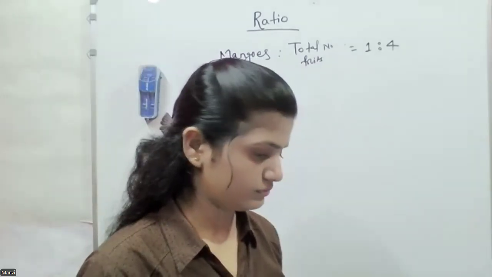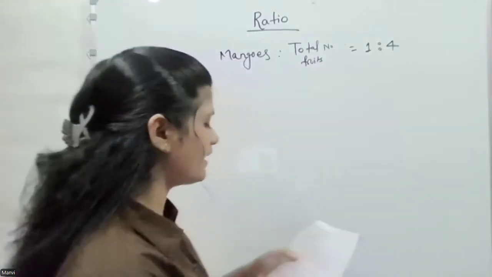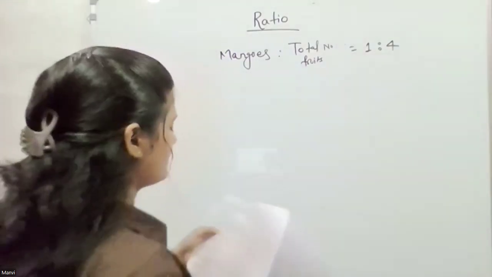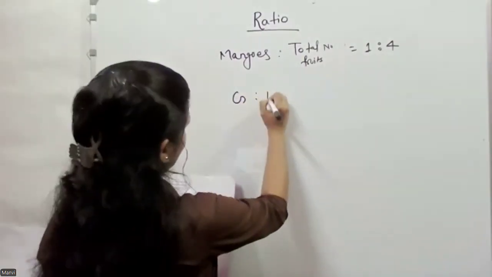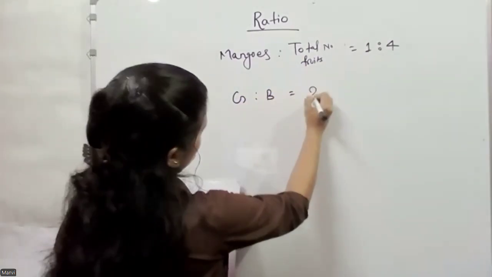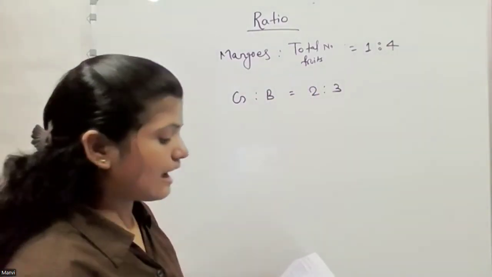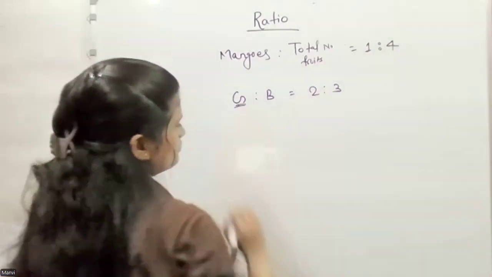How do you do this? So what it says, there are green balls as well as blue balls, right? And the ratio of green to blue is 2:3, right? Yeah. And they ask the percentage of green. So how do we calculate the percentage of green?